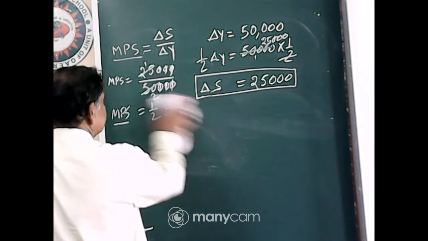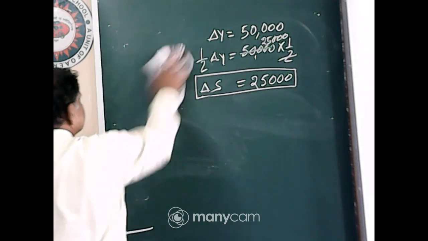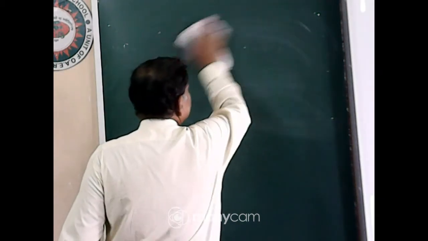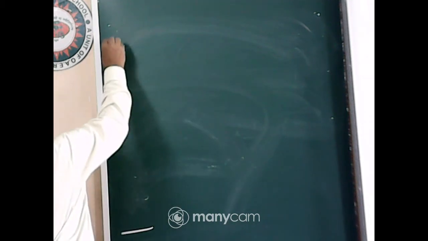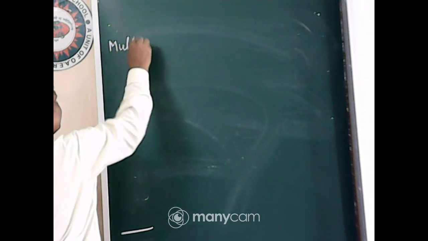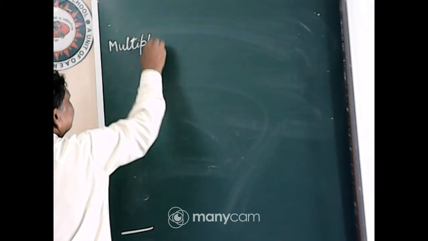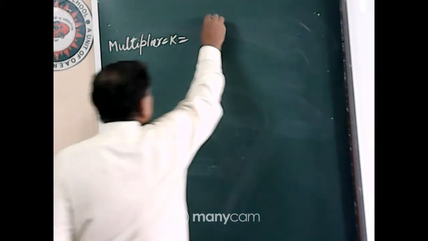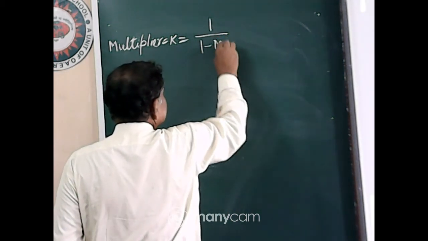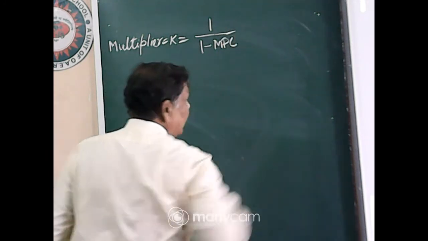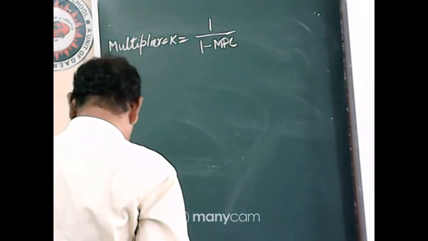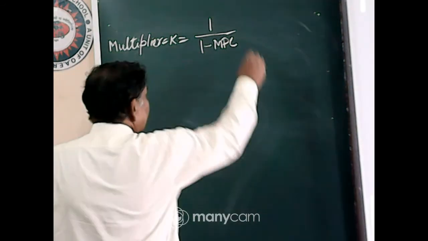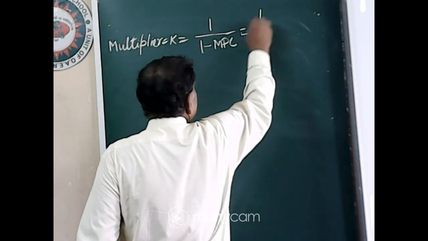I am removing it for the further calculation to get space. Okay. Again, multiplier K is equal to 1 by 1 minus MPC, and is equal to 1 by MPS.